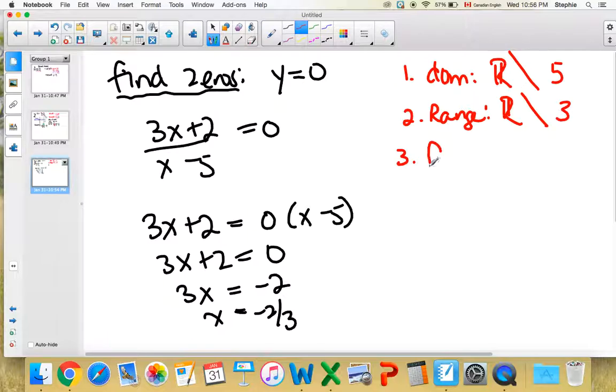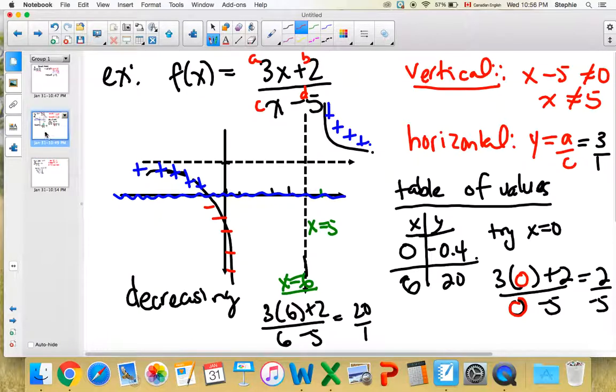This function is positive, so the sign is positive. Let's look at the picture again. It's positive from negative infinity over here in blue all the way to the zero, which is going to be here. So the zero is very important. It's a delineation point to tell us when it's going to be positive.